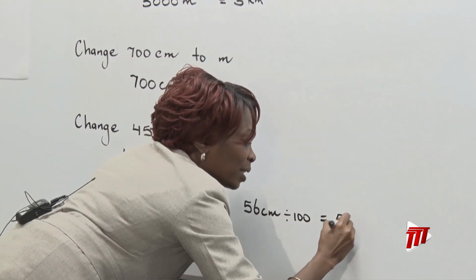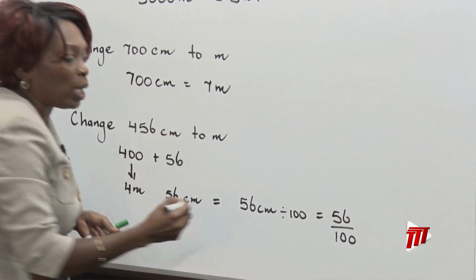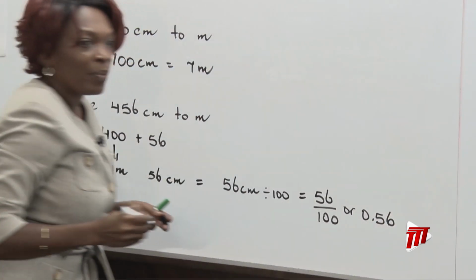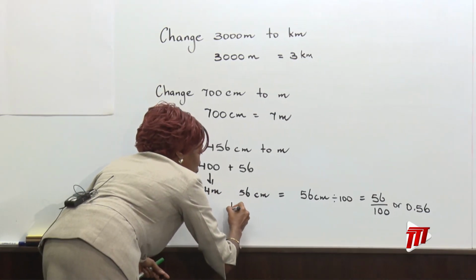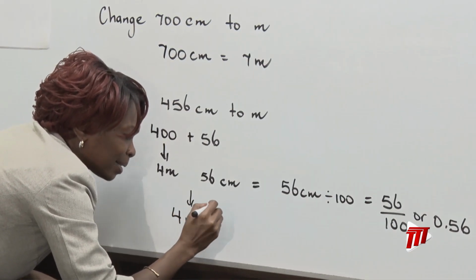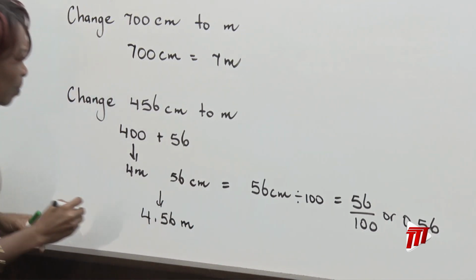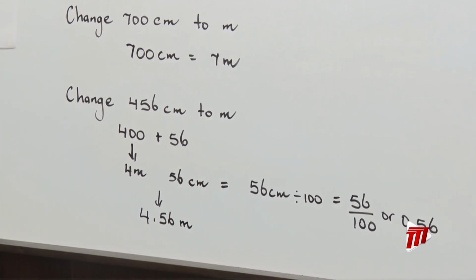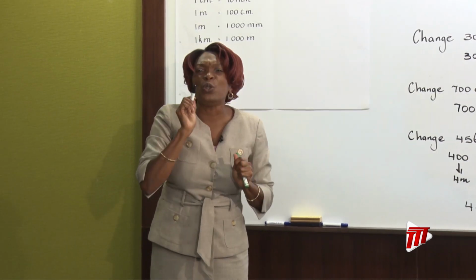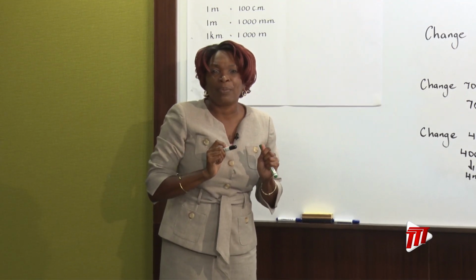You can get 56 over 100, or you can change it to a decimal where you will get 0.56. We can say this can also be written as 4.56, 4.56 meters. It's a little bit ticklish, but I know that you know your decimals. You just have to pay careful attention. Moving on.